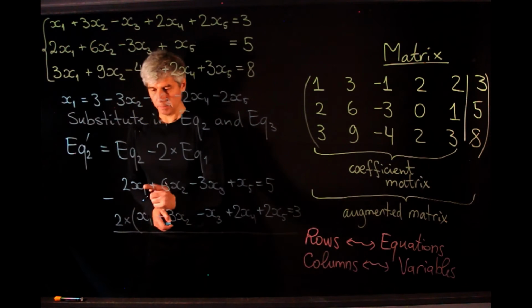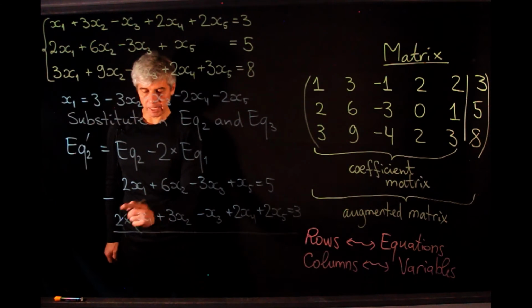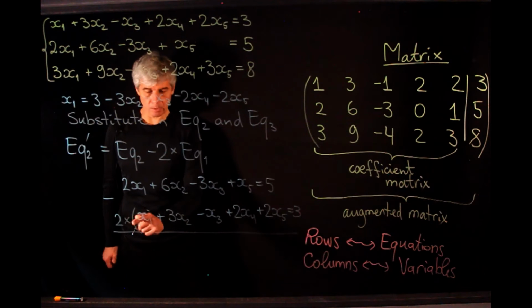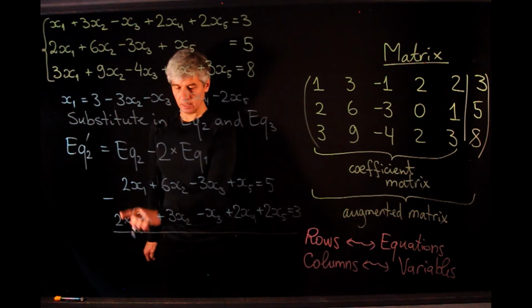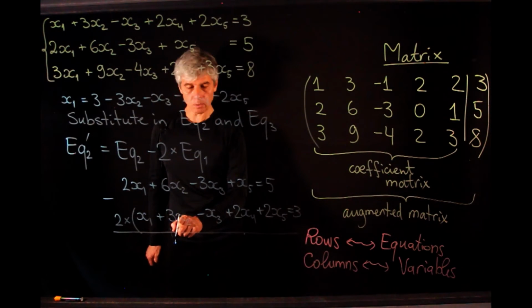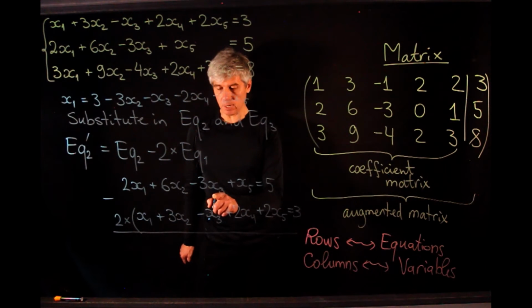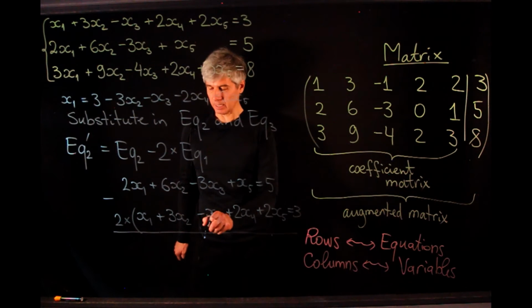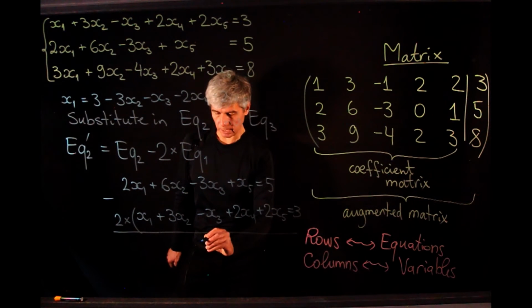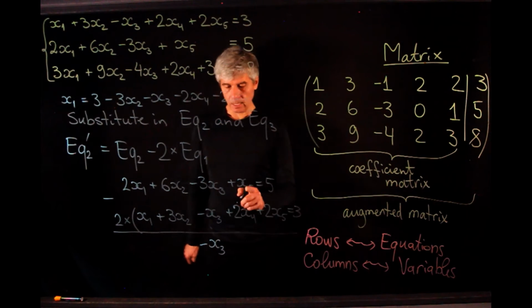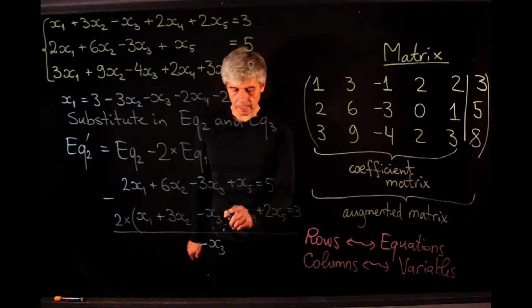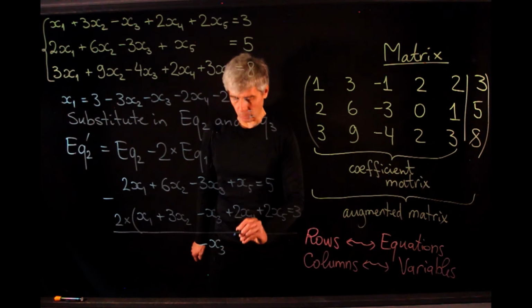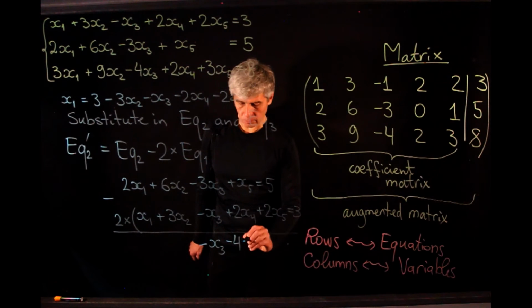Here we get 2x1 minus 2x1, that will become 0. Here 6x2 minus 6x2 will also become 0. Here we have negative 3x3 minus negative 2x3, so this will become minus x3. There is no x4 here, and we subtract 4 times x4, so we get minus 4x4.